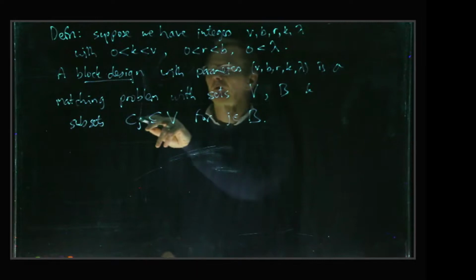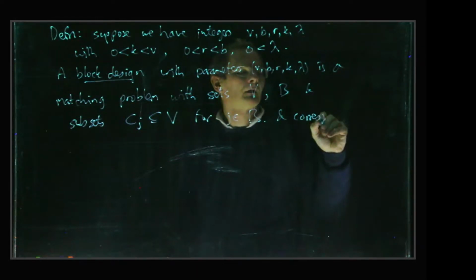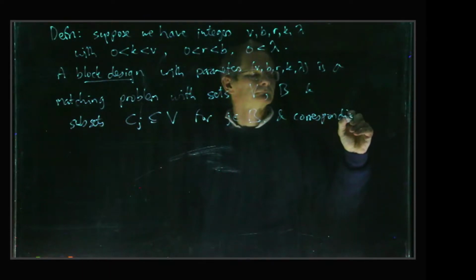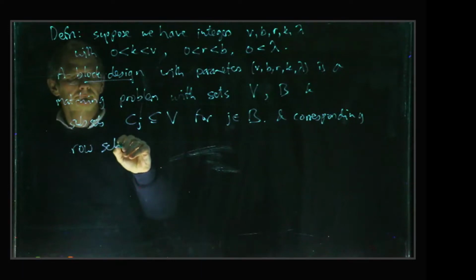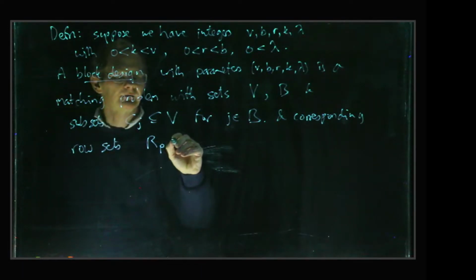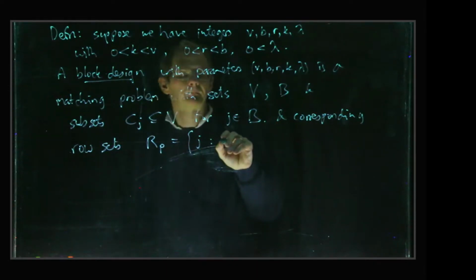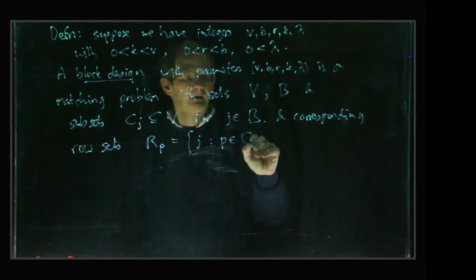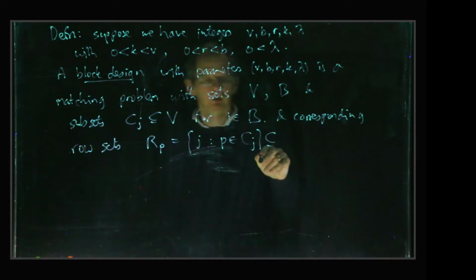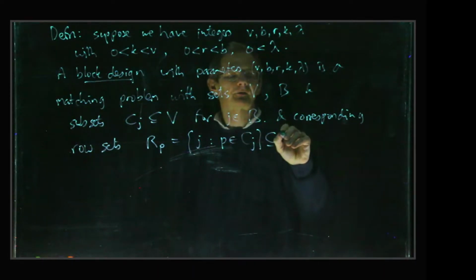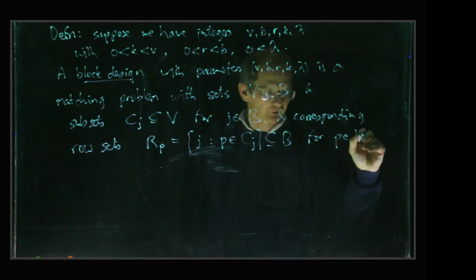So we've got subsets like this and corresponding sets Rp, the set of those j for which p is in Cj. This is a subset of B. We get one of these for each p in V.